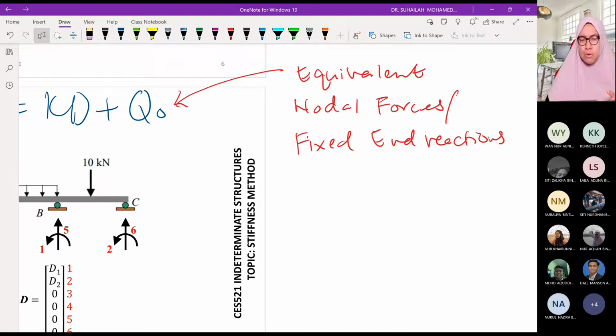Q comes from force or loads that is subjected on the member. We use formula given in appendix page 3. Appendix page 3, it is called as fixed end reaction.